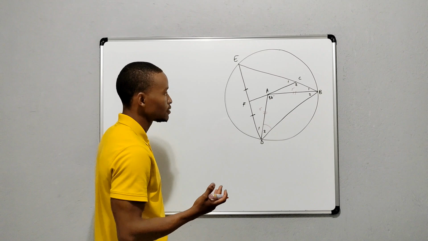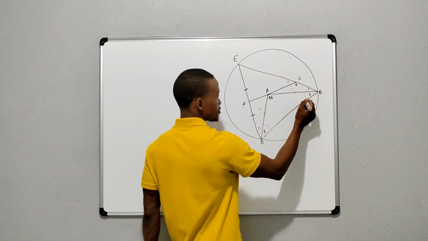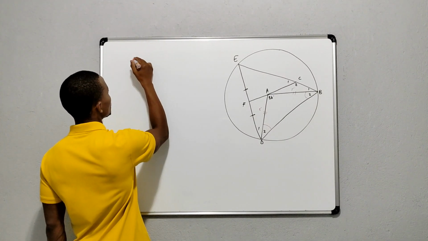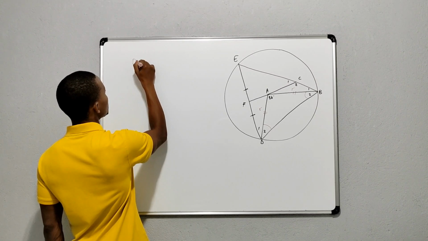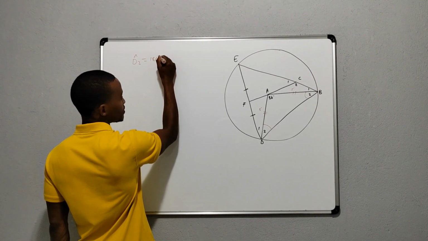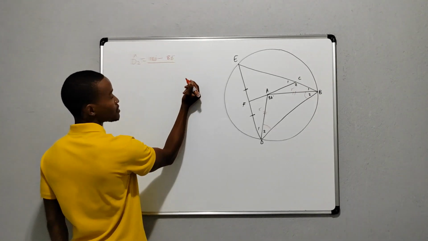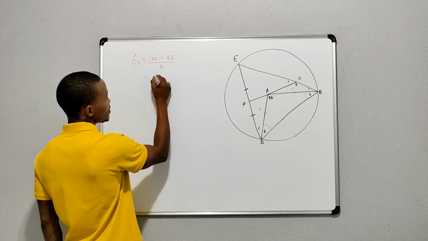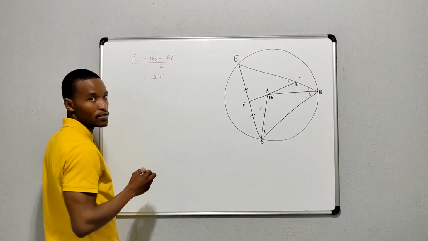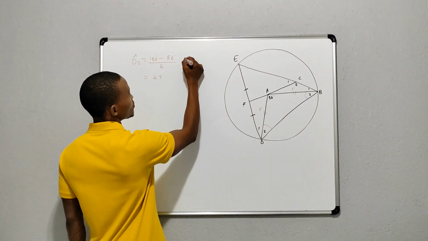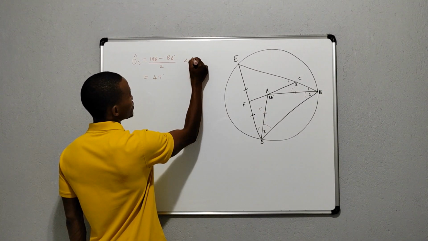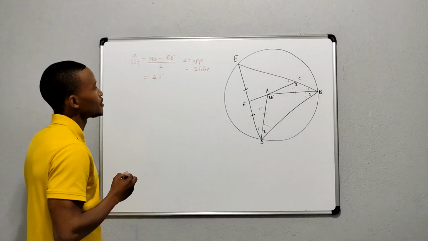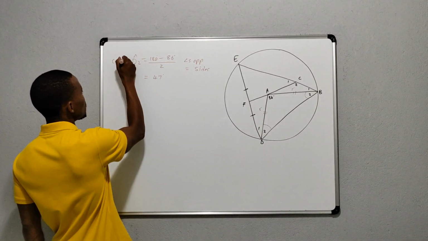An isosceles triangle, and therefore the two angles B2 and D2 are equal. So we know that 2 times angle D2 will be equal to 180 degrees minus 86, giving us 94 degrees. We divide this by 2, and that will give us 47 degrees, 94 degrees divided by 2. These are angles opposite equal sides. So this takes care of C1.